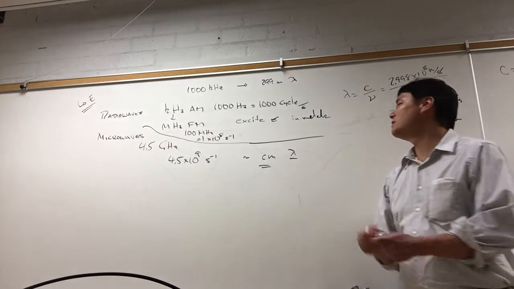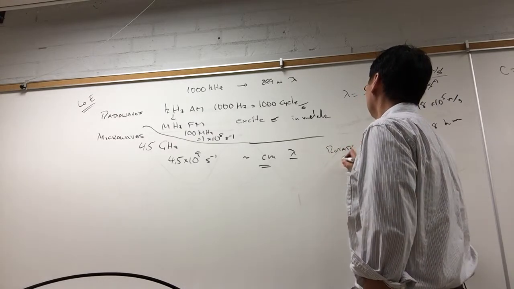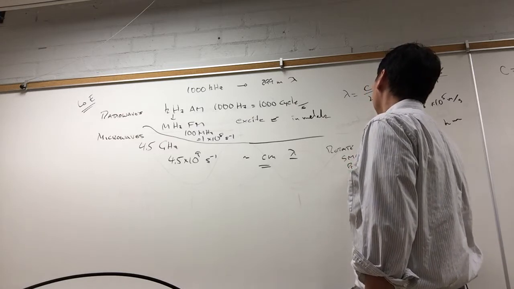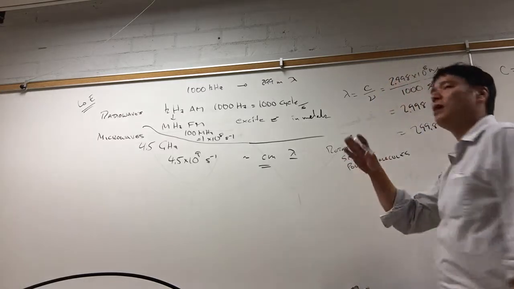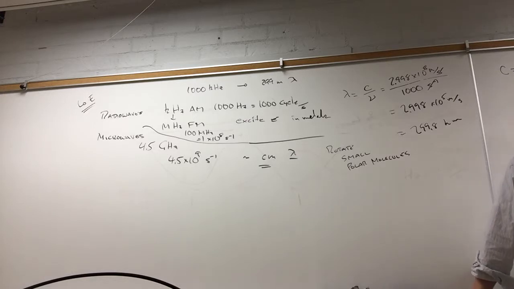And so microwaves can rotate small molecules. They have to be polar, of course, because if they're non-polar, they aren't going to interact with oscillating electric fields. And so they rotate small polar molecules.